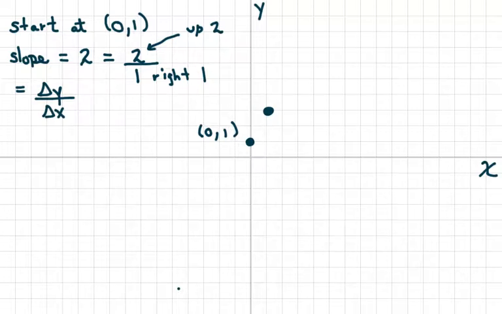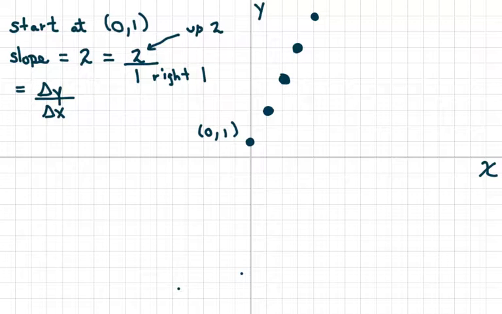Then up 2 and right 1, and that'll be another point. Or I can say, I'm going to go right 1 and up 2, right 1 and up 2, and so on and so forth.